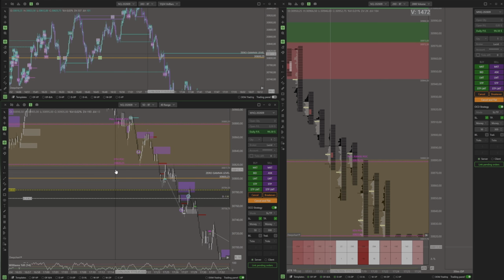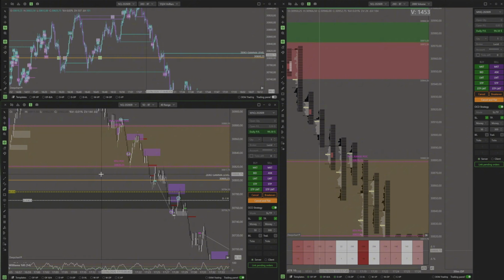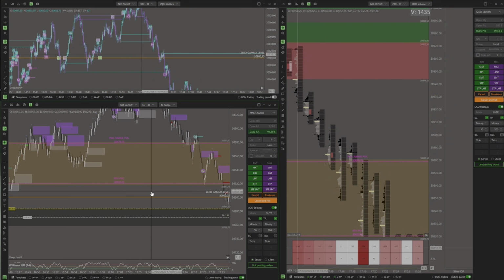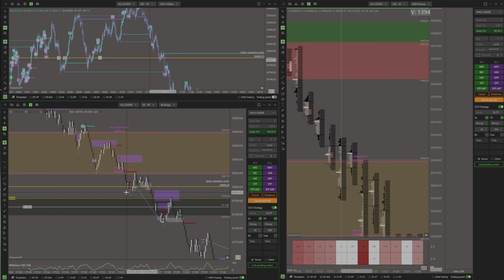Instead, what I ended up doing for my first trade was looking for a long off the zero gamma level, which had a couple of bounces before it. Unfortunately, the trade did not work, and a possible reason is that as price was touching the zero gamma level, this level kept on dropping lower and lower.